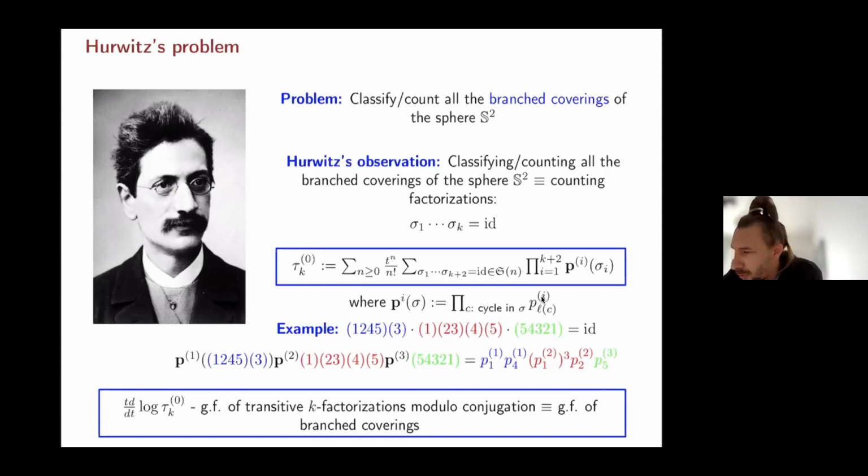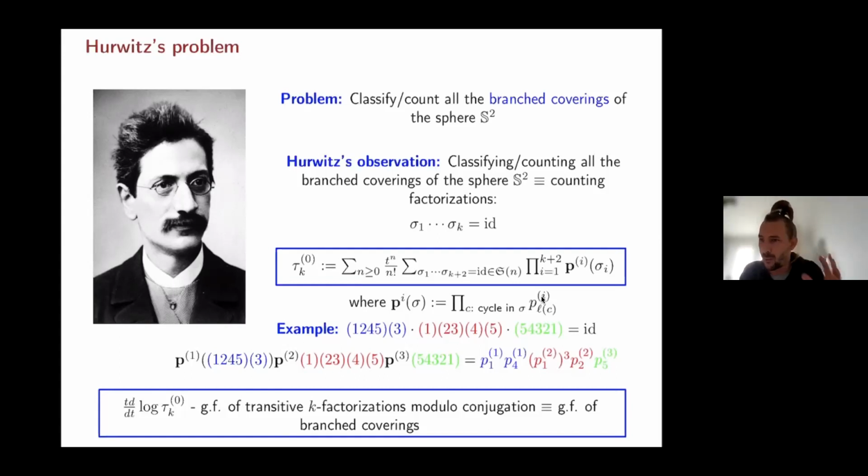This is also a standard combinatorial trick: to start from labeled objects and consider an exponential generating function, and then to notice that if you look at the logarithm of this generating function, and take the derivative with respect to t, where t is a variable telling you the size of your symmetric group, then what you get is actually the generating function of non-labeled but rooted objects which are also connected.